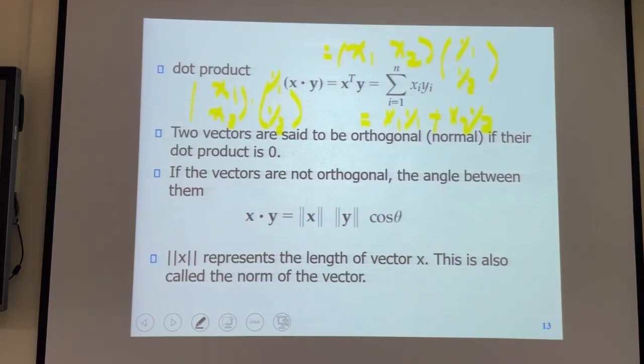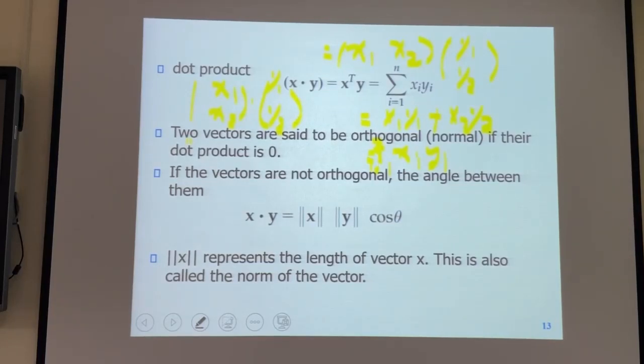We can write this summation as sigma x_i y_i, i from 1 to 2. Okay? You get it? Good. Junhong, do you get it? Yeah.